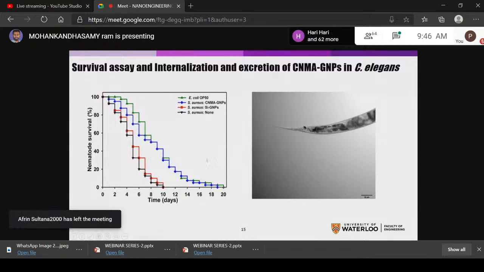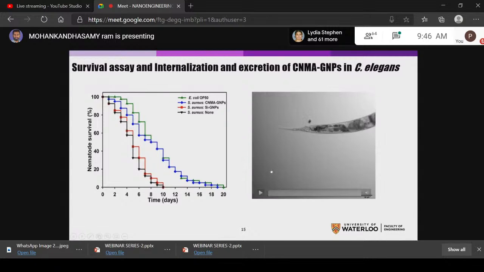You can see in the left-hand side picture, the nanoparticle-treated infected worms are getting cured, or relieved from the infection, as the days go by, compared to the infected ones. In that way, the nanoparticles are highly anti-infective in nature. This video shows how the nanoparticles got released from the worm after 7 days.